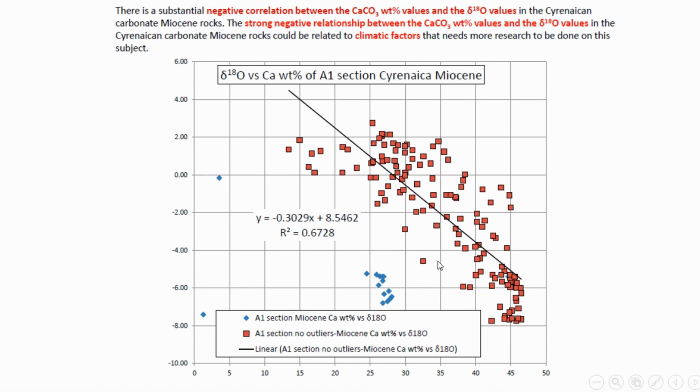These points represent a strong negative correlation between calcium carbonate and oxygen. We drew the regression line, and from the regression line, R square equals 0.67. So this is the value of R square.